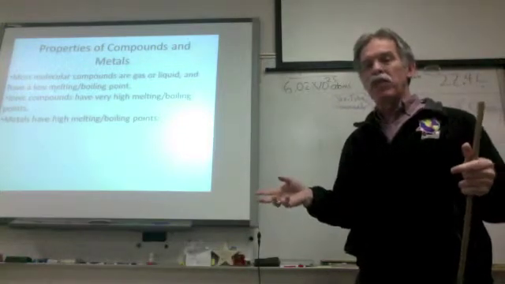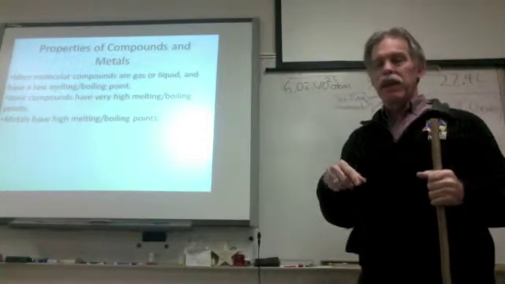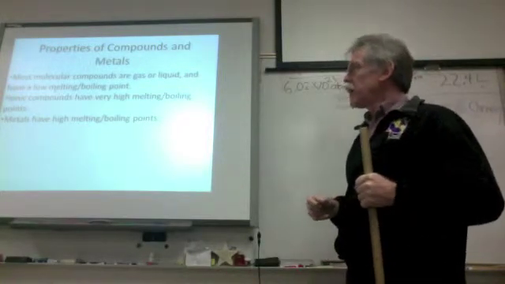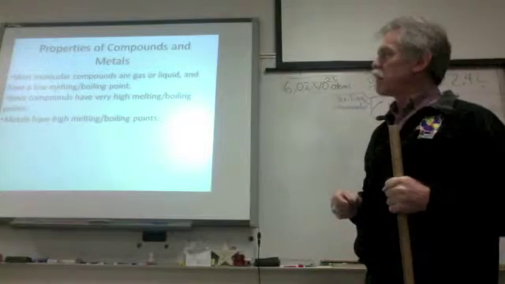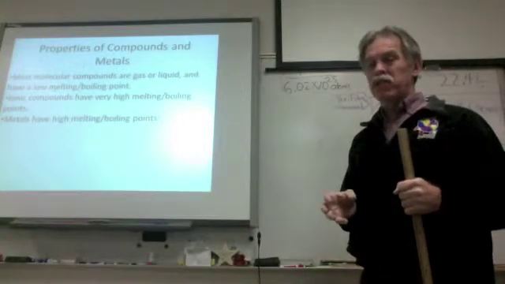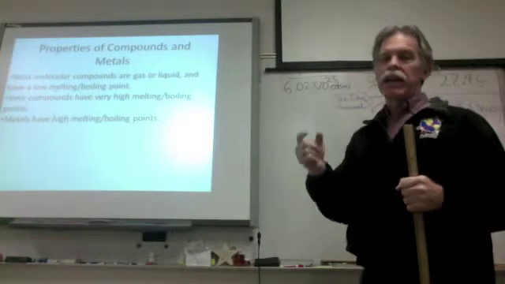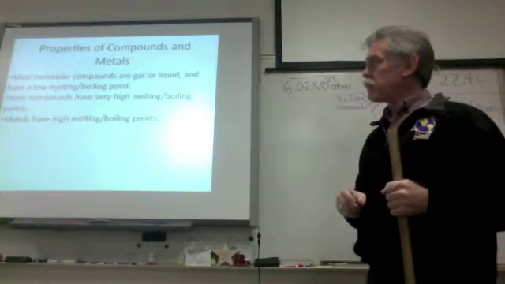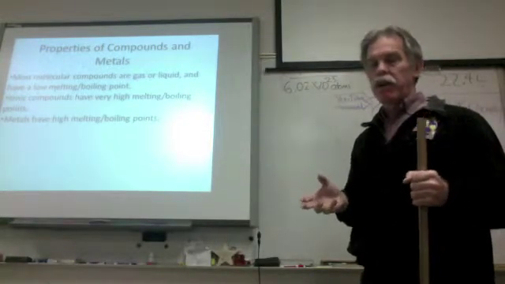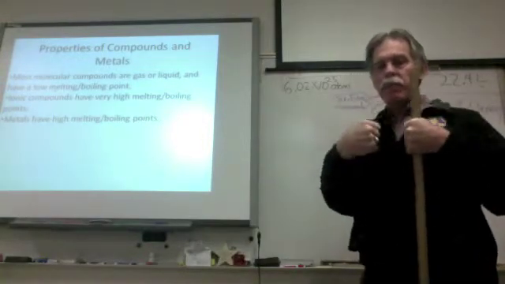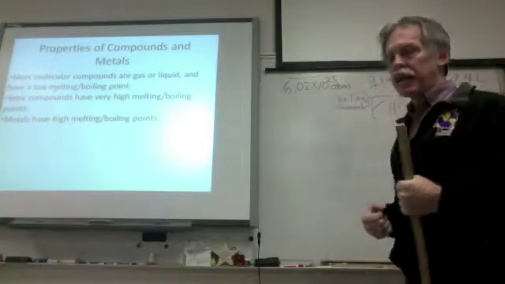The bigger a molecule is, generally the higher its melting and boiling point. And so ionic compounds are almost all solid and have very high melting and boiling points. Molecular compounds are very low. And of course, metals have high boiling points and melting points because they're a lot like ionic compounds. They're attracted by plus minus attractions, and that keeps them together.